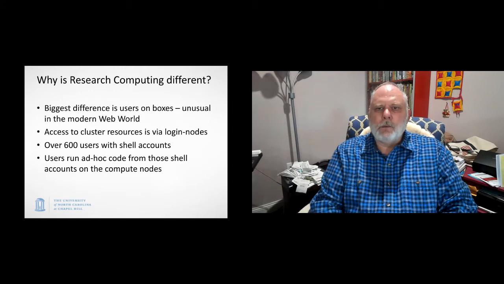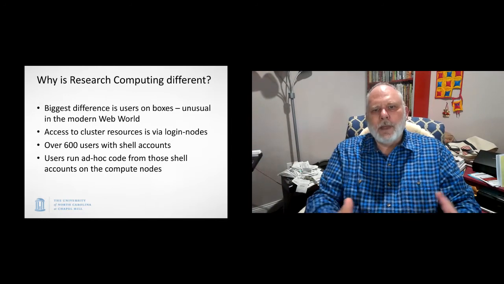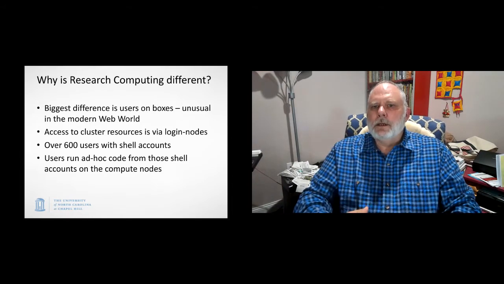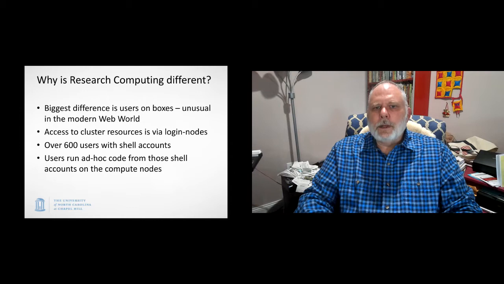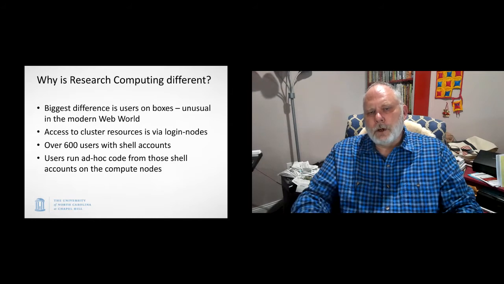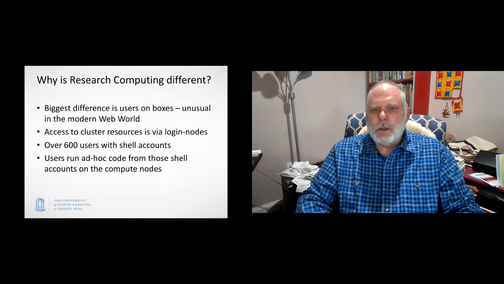They can compile whatever they want and run it. So it's a little different environment. As an infrastructure runner, you don't normally have direct login of users. They're usually separated out into the application. But again, the 600 users are all managed with magical scripts and such like.